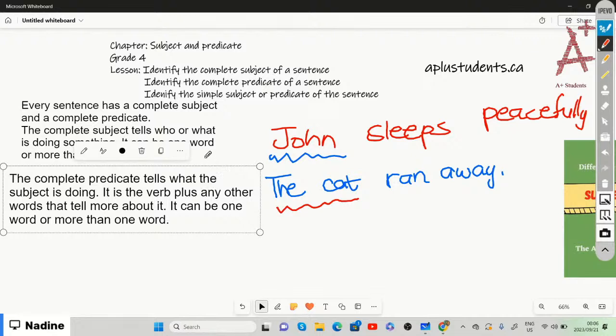So your subject can either be one word, which is, for example, John, or it can be more than one word, which is like the cat. And this tells us who or what is doing something.